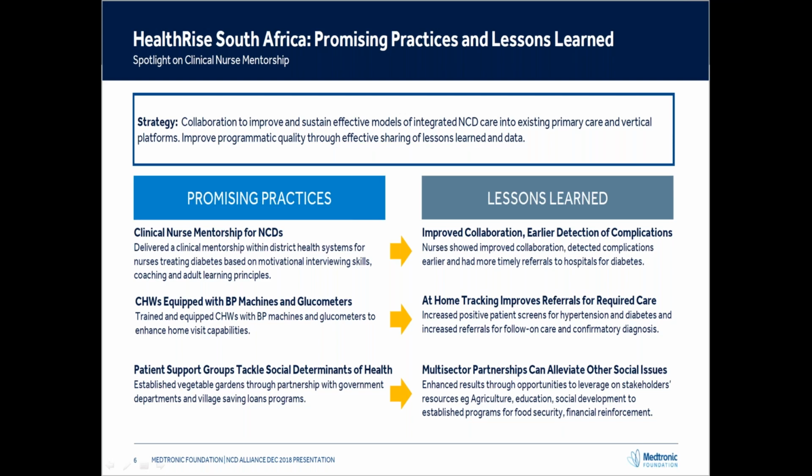In one of the sites, we had our own HealthRise community health workers, and about 50% of them were our own and 50% were government, because there was a restriction on what the government considers invasive screening or management of these conditions.